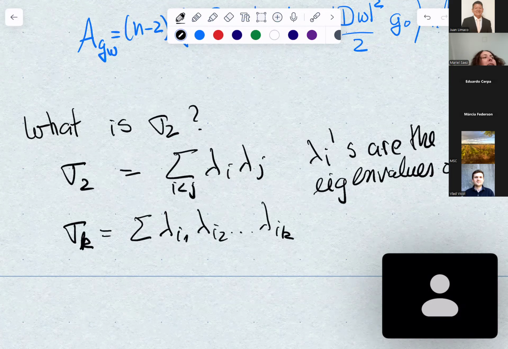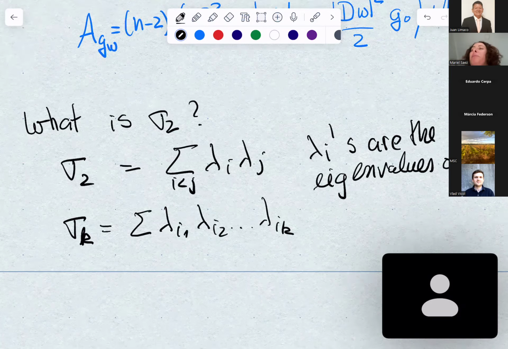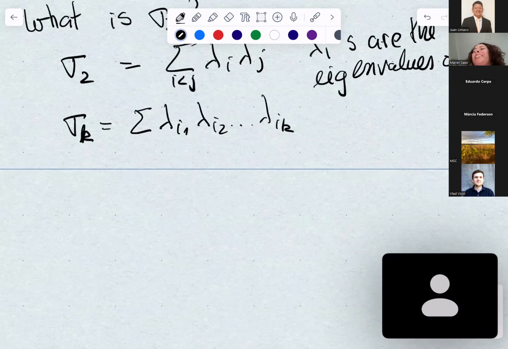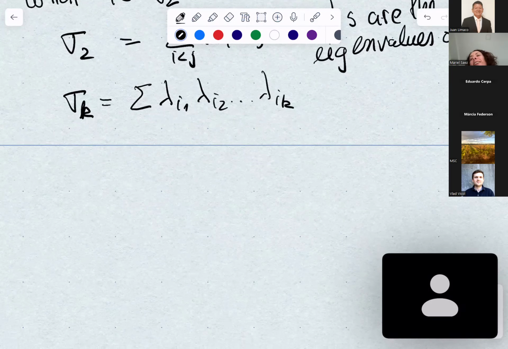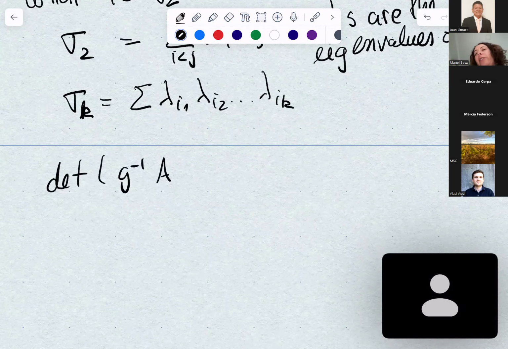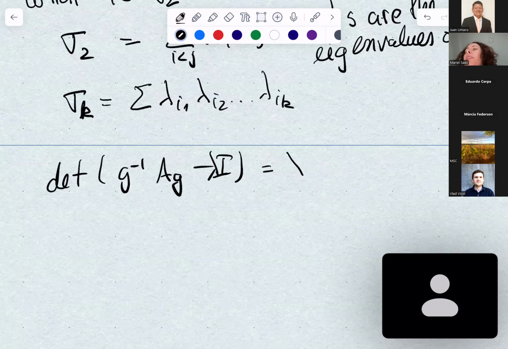Basically, this is what appears when you compute the characteristic polynomial. If you compute the determinant of g^{-1}A_g minus the identity, what you're going to see is a polynomial in minus lambda.